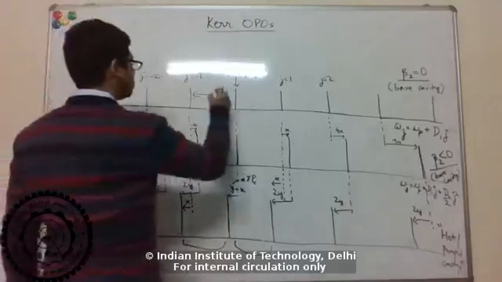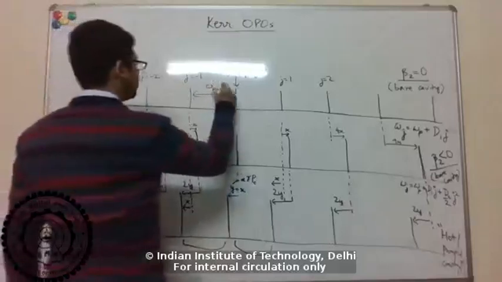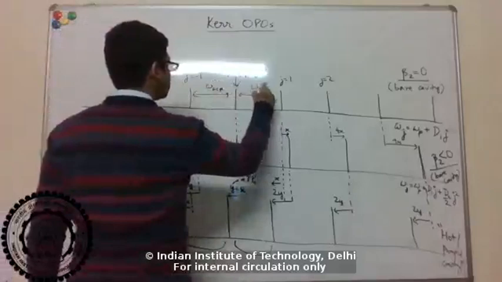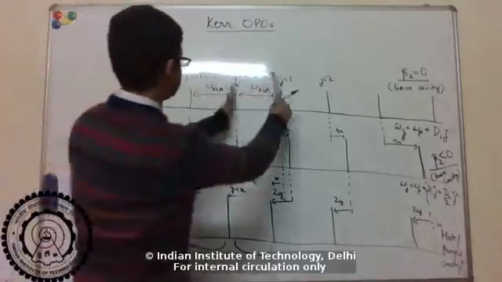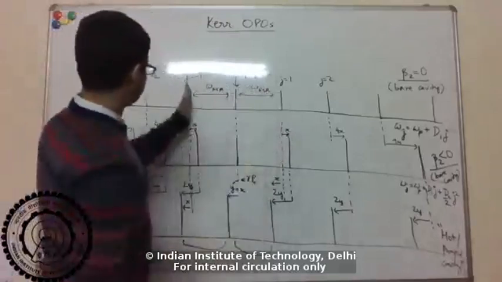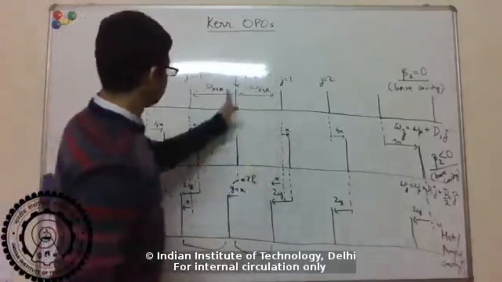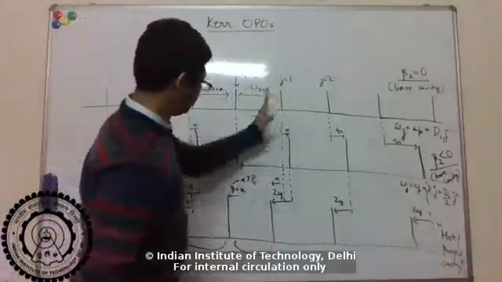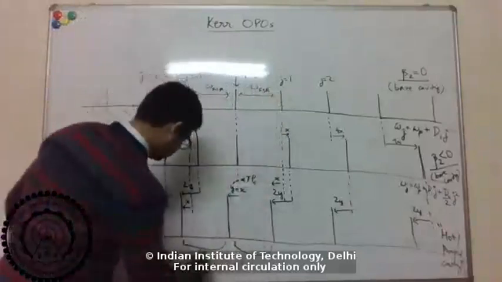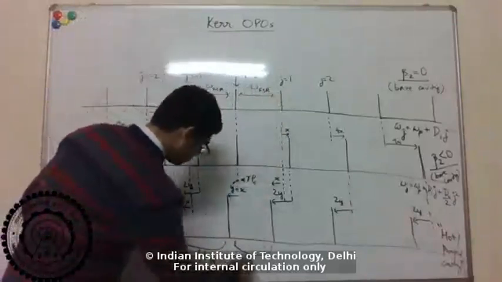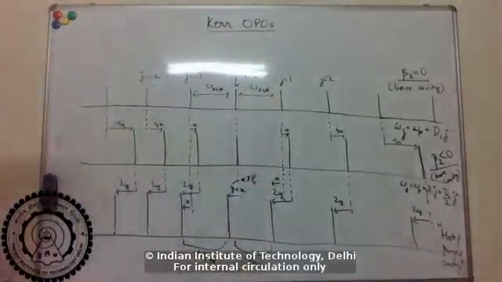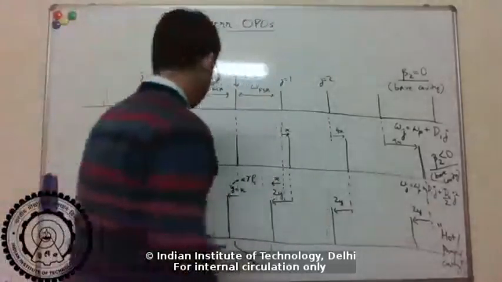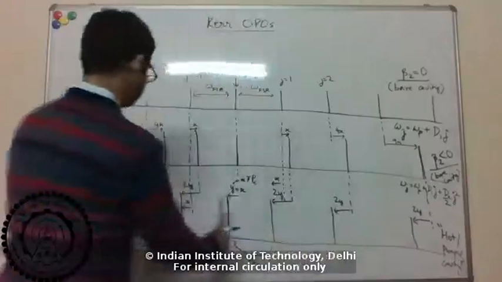So this spacing was equal, so this is some omega FSR. These resonances are just these shifted down by x. This shifted down by x is this one, this shifted down by x is this one. So these now also have equal spacing. But you can check any other resonance, and that won't be equally spaced from the pump.